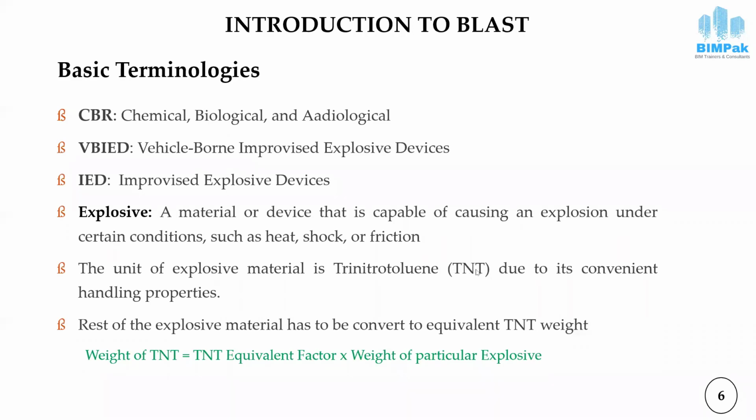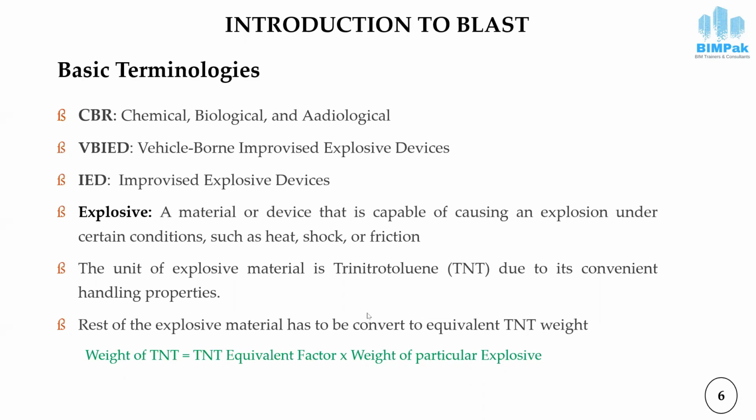It is mainly used as a unit because of its ease of handling, and it is a very stable material. So it is used worldwide as a unit of explosive material. If someone uses some other explosive material, then they have to convert its weight to the equivalent TNT weight.